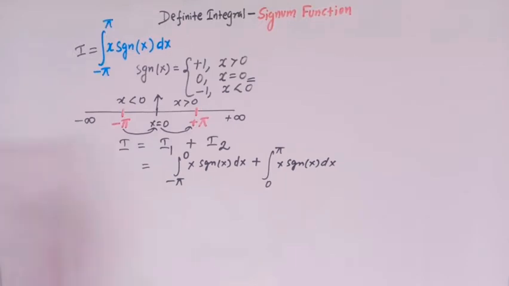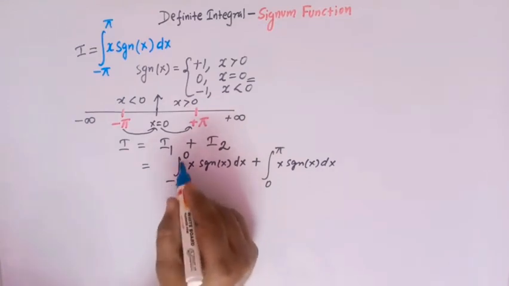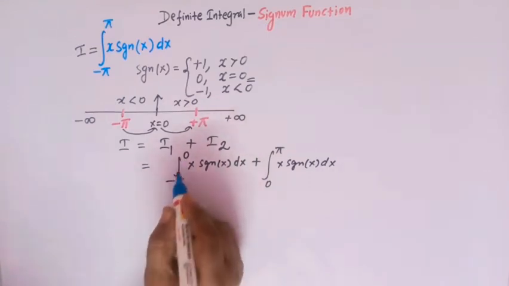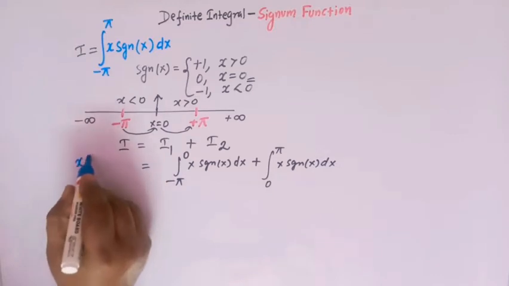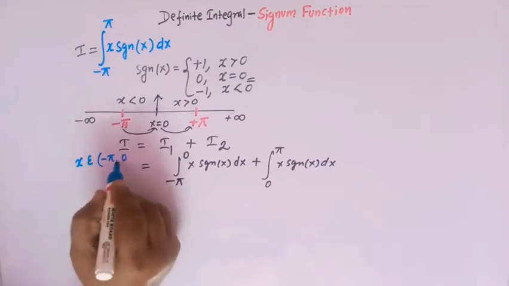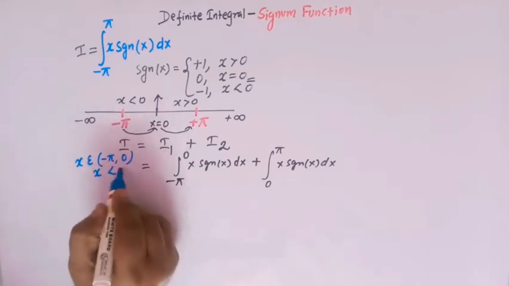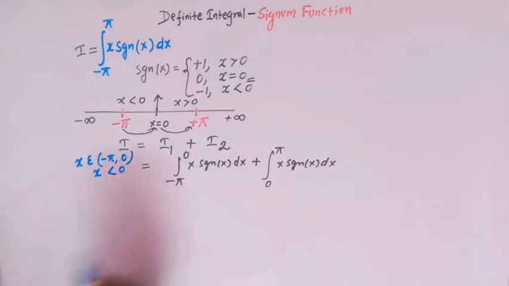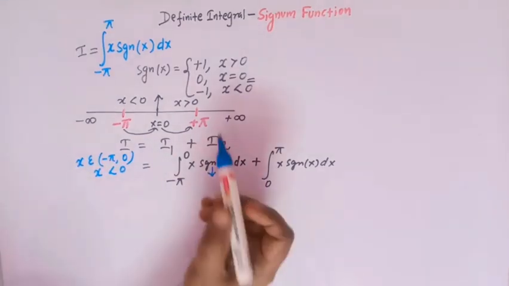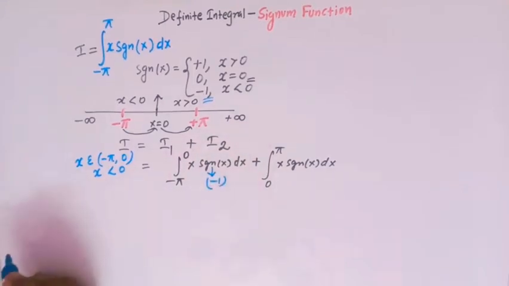Now viewers, here we see that the limits are from minus pi to 0. So when x belongs to the interval minus pi to 0, obviously all the values are less than 0, so signum of x will take the value minus 1.